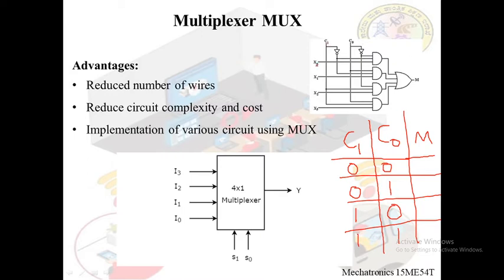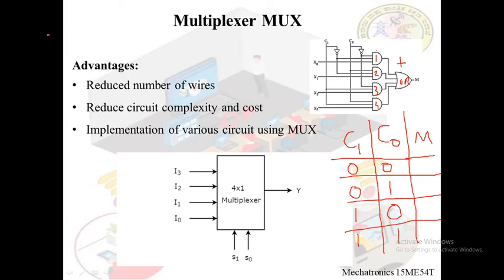Here x0 is given to one AND gate, x1 is given to another one. Let us say this is 1, 2, third AND gate and fourth AND gate. All these outputs are supplied to one OR gate.